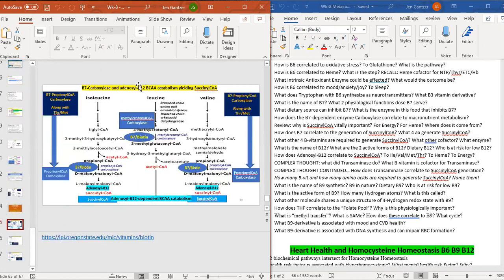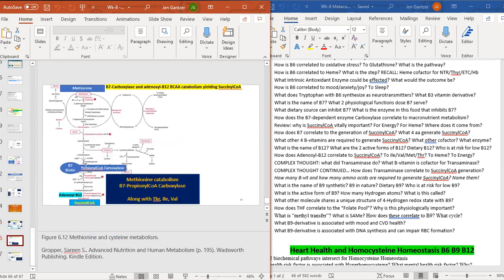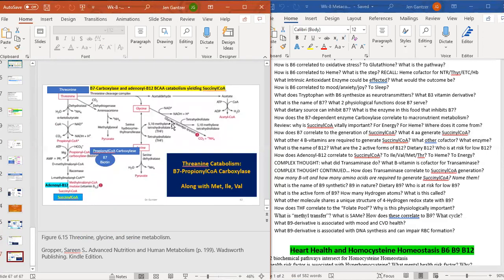Okay, so isoleucine and valine break down all the way, and there is a biotin-dependent reaction. However, if you look at methionine, methionine breaks down and it uses the same enzyme, the biotin carboxylase. And here's our threonine. That's your biotin-dependent carboxylase.